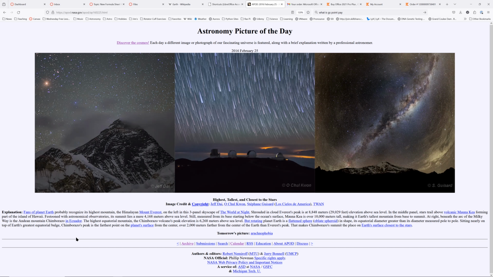The center picture is Mauna Kea on Hawaii, which is only 4,168 meters. So it's actually less than half as tall above sea level as Mount Everest. But Mauna Kea is the largest mountain on Earth because it starts from sea level.